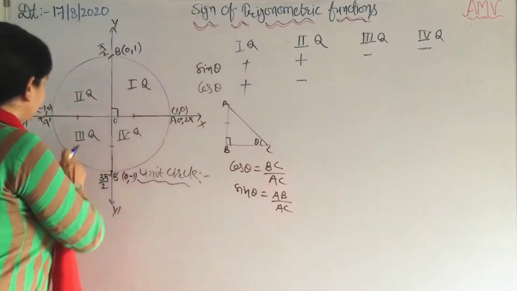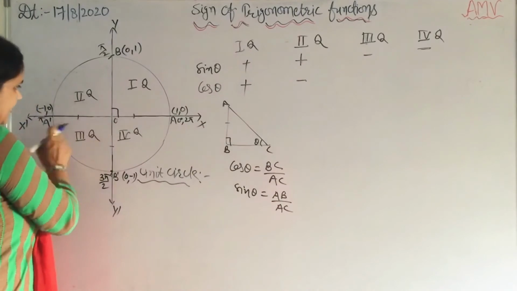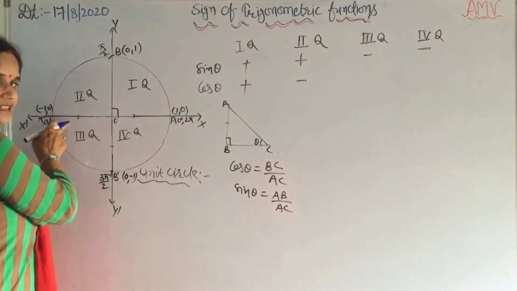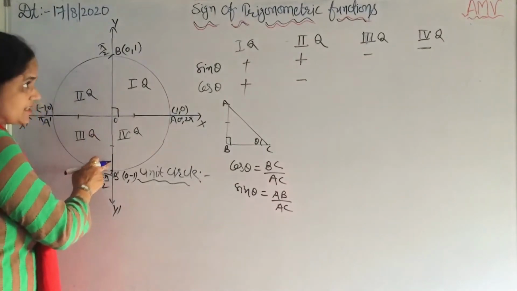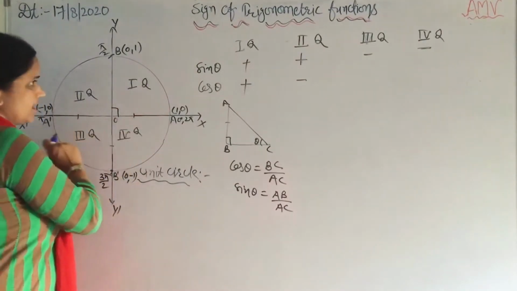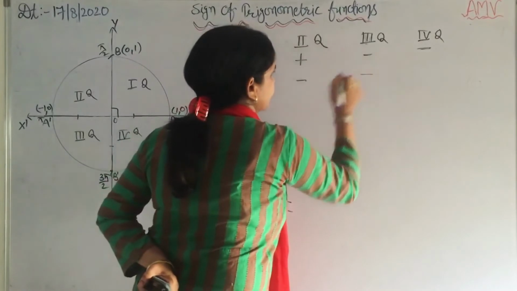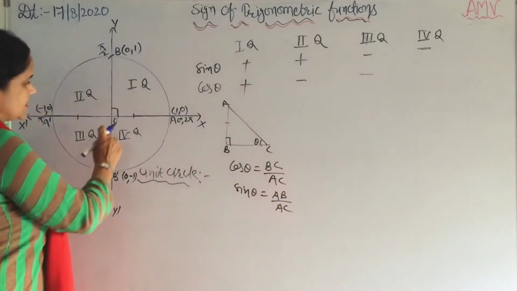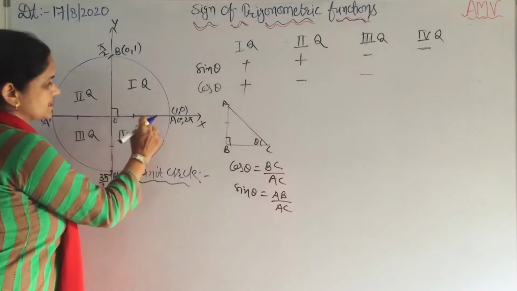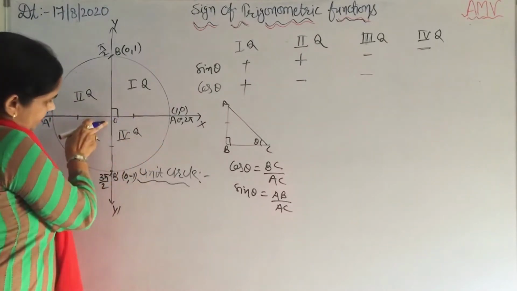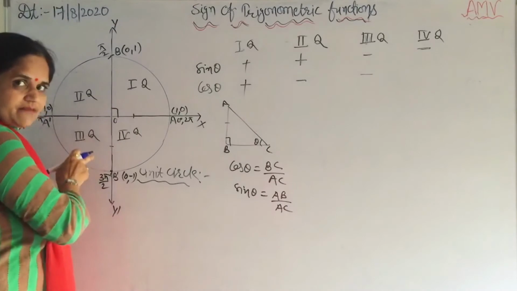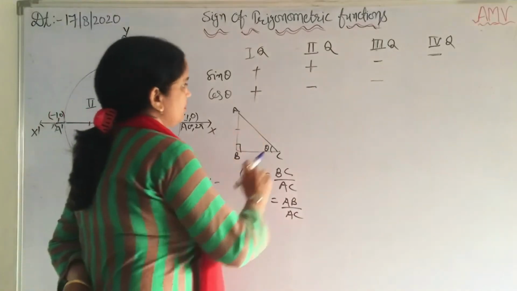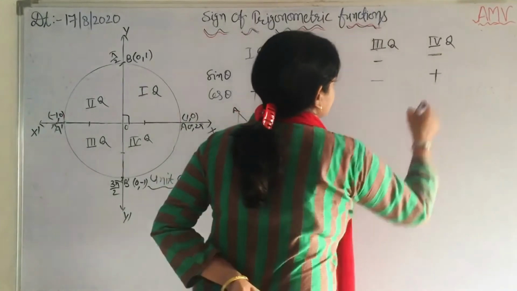In the third quadrant, OA dash and OB dash, it is the negative x-axis and negative y-axis, so sine is negative and cos is also negative. In the fourth quadrant, OA, the x-axis, is positive, and OB dash, the y-axis, is negative. So sine is negative and cos is positive.